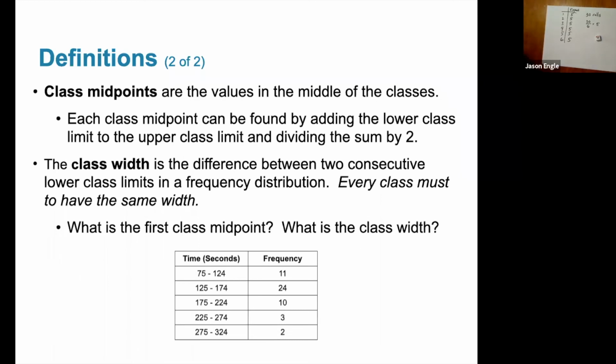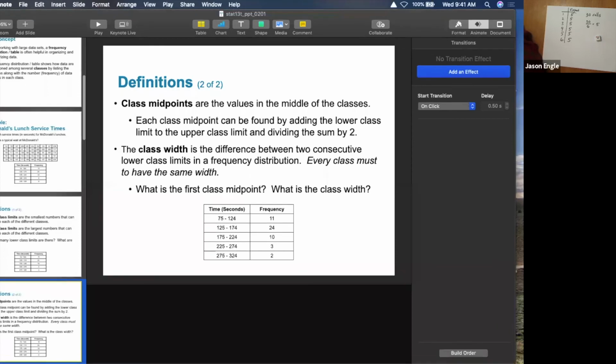So what is the first class midpoint? Actually, that's kind of hard. You might need a calculator to do that, but more importantly, how would you calculate the first class midpoint? So it says here, each class midpoint can be found by adding the lower class limit.